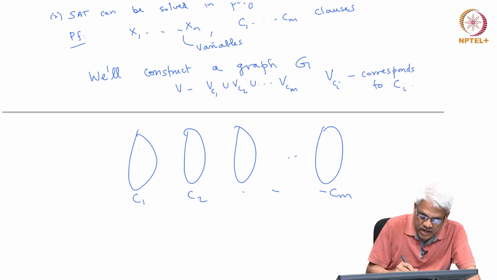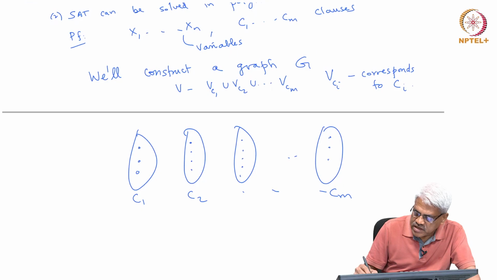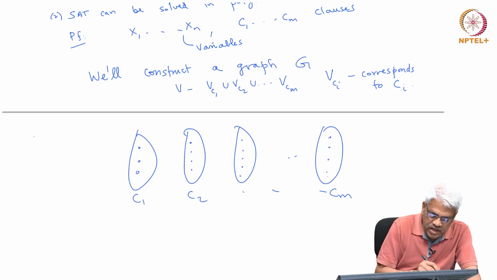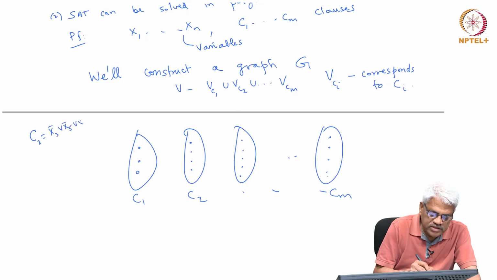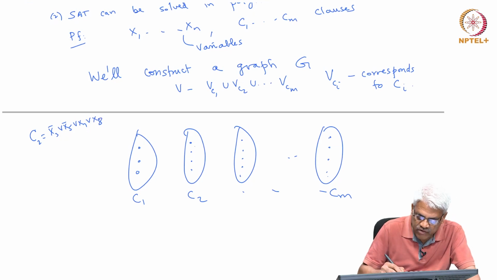Whatever number of literals you have in Ci, I will have that many vertices in VCi. So, if your C2 is x3 bar or x5 bar or x7 or x8, then VC2 will have x3 bar, x5 bar, x7 and x8.